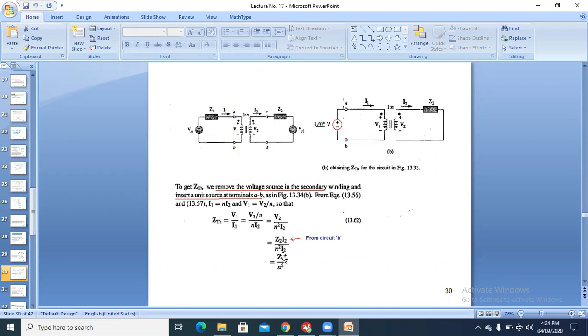That's the same we have learned in the first method, because in the first method, we use Z load divided by N squared to calculate the reflected impedance. So in this way, we calculate the impedance of the secondary side reflected over the primary side.